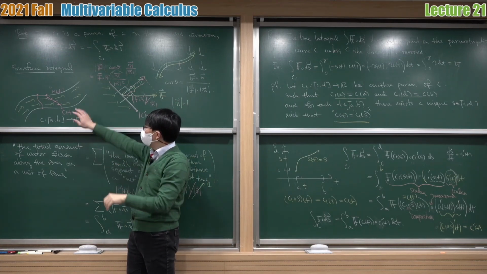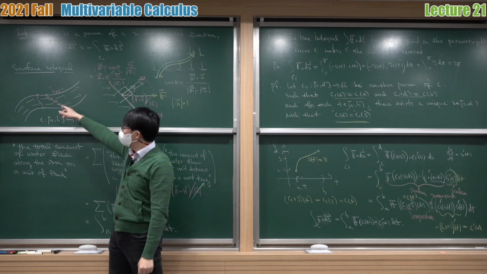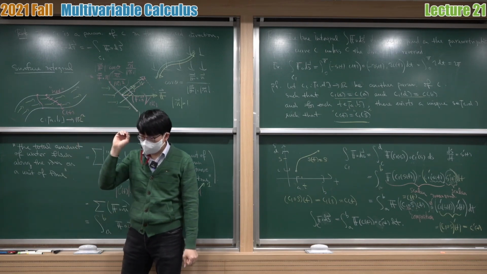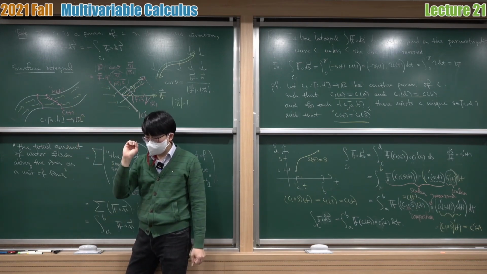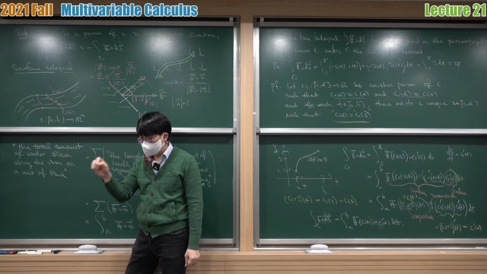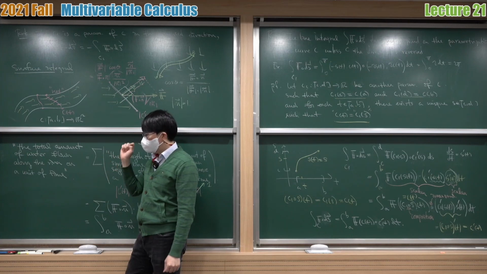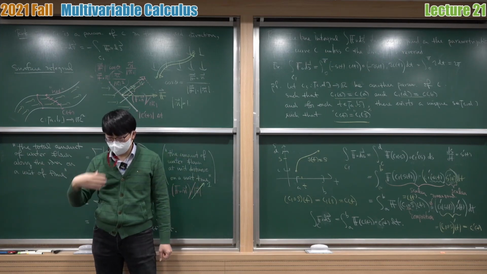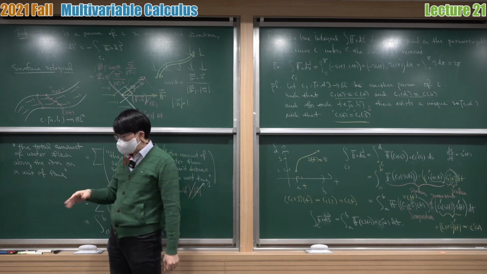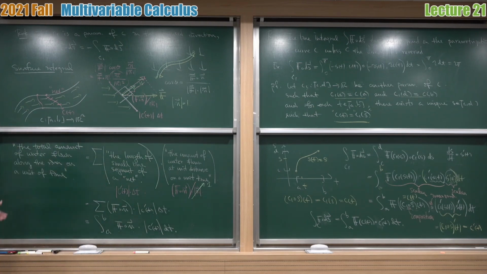I projected my vector field as a thing that gives information about the direction and the speed of water flow. And I'm trying to find out how much water has been flown through some section of this river, and that's how I write it in a long description. But that's simply called the flux. Okay.